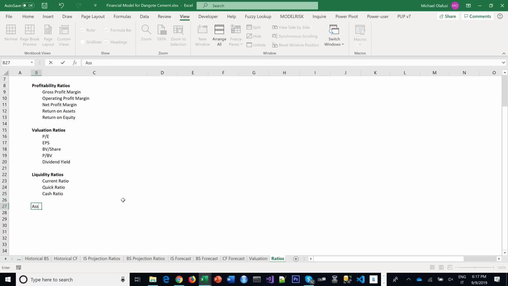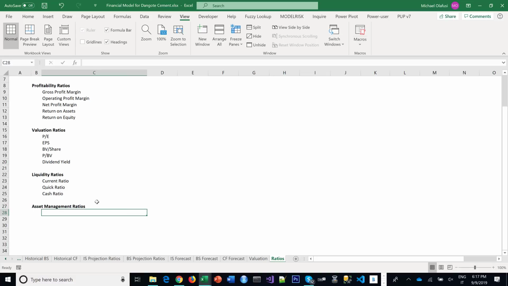There's the asset management ratio, under it we have the average collection period. So that DSO I mentioned is the same as this. So that's DSO, days sales outstanding.